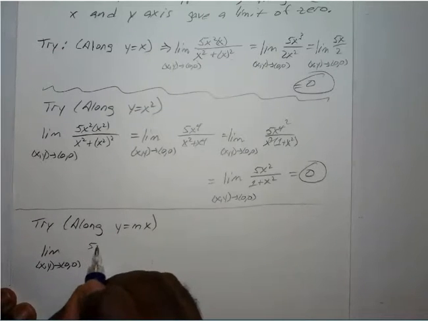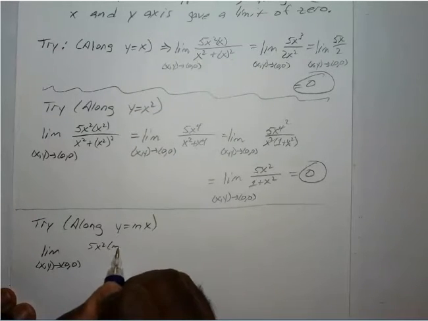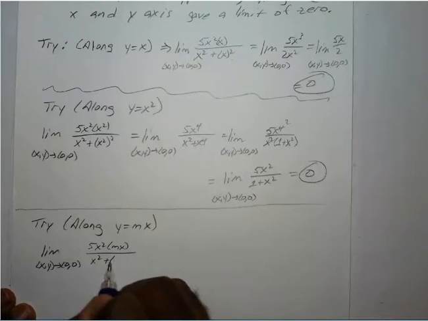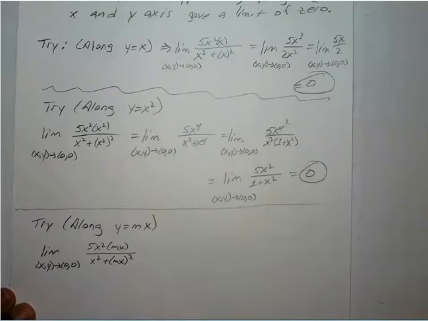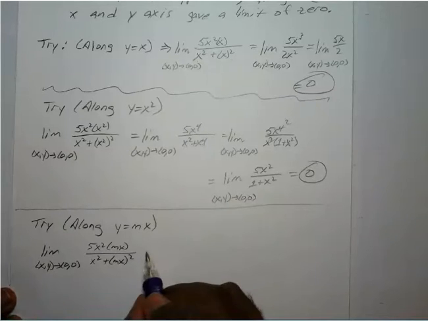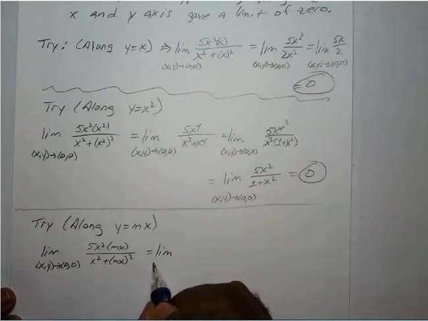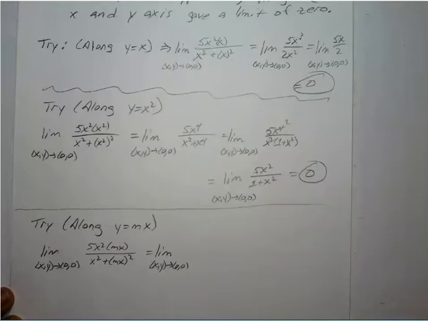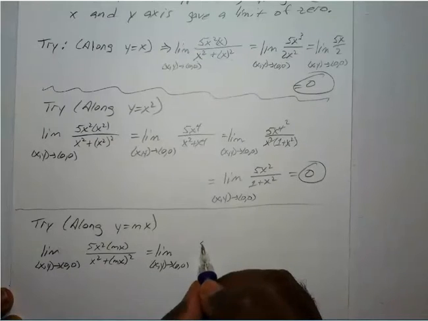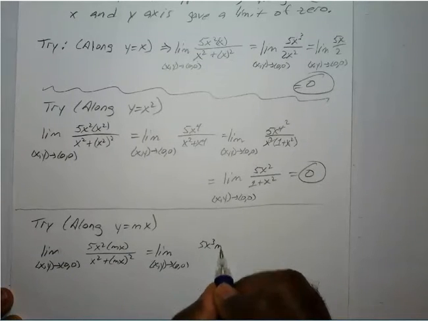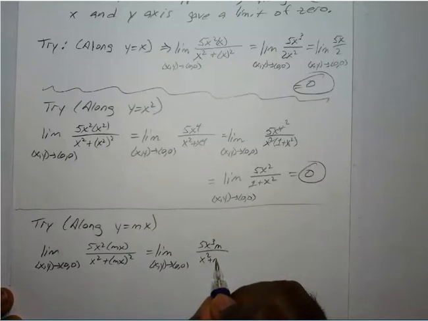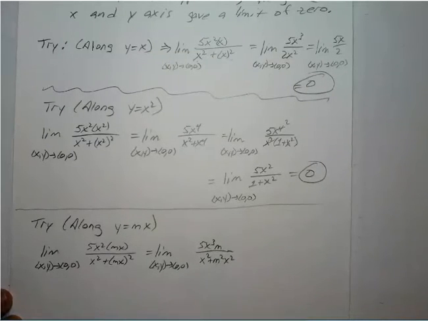So we have 5x squared times mx over x squared plus mx squared, which equals the limit, again, as (x,y) approaches (0,0). We simplify that. We have 5x to the third times m over x squared plus m squared x squared.